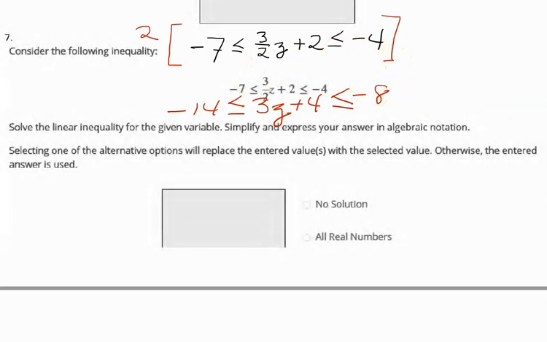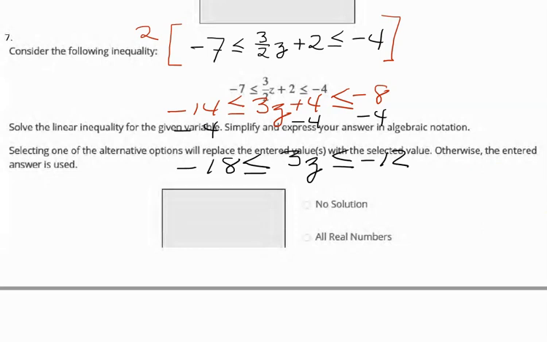Now we'll use the older method to isolate the z. Here I'm going to subtract 4, subtract 4, subtract 4. This now gives me a negative 18 is less than or equal to 3z is less than or equal to a negative 12.